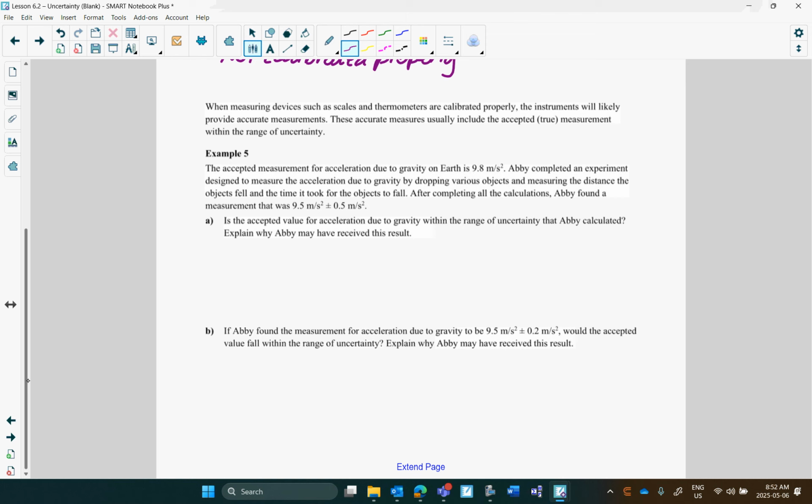Is the accepted value for gravity 9.8 within Abby's range of uncertainty? She got 9.5. What's the highest her measurement could be? 10. What's the lowest? Is 9.8 within that? Yes. So is the accepted value within the range? Yes.